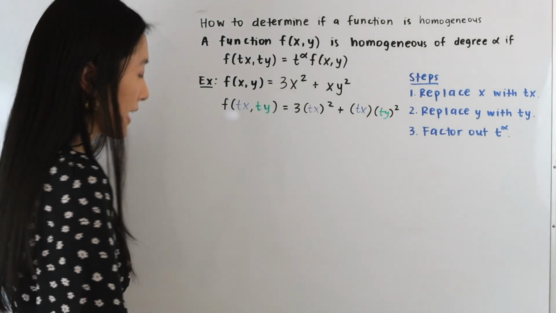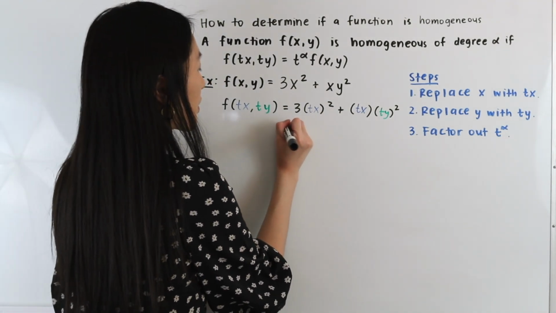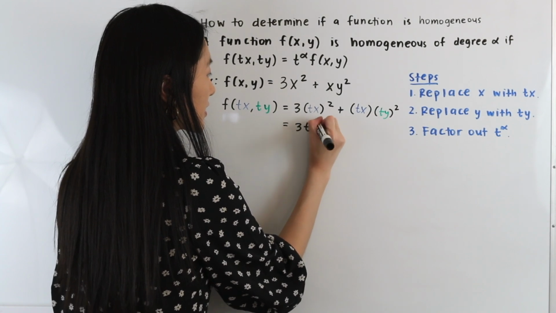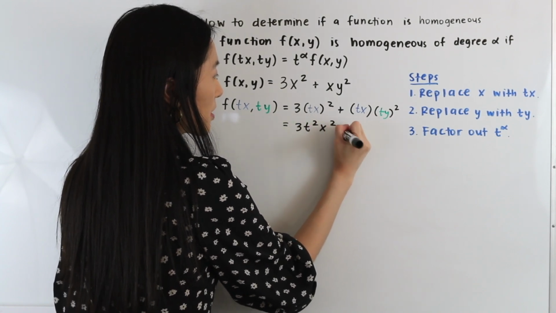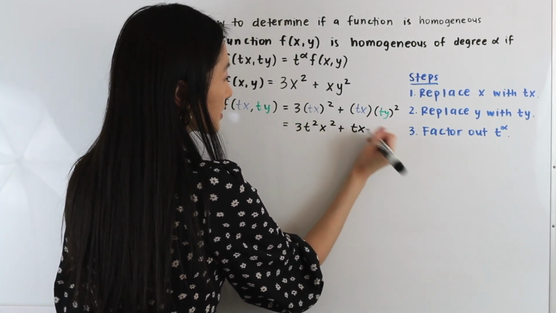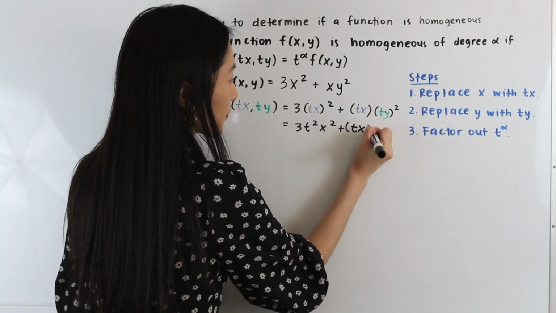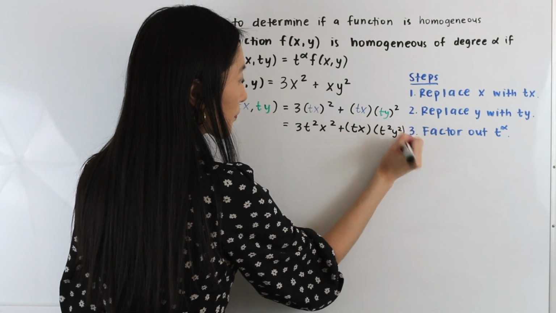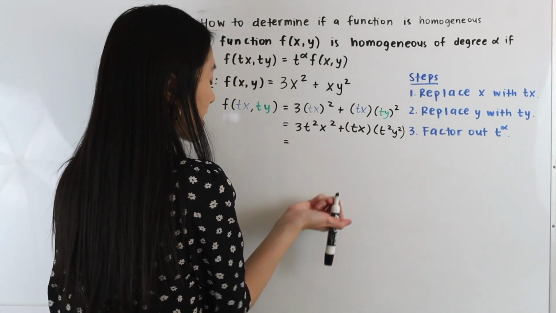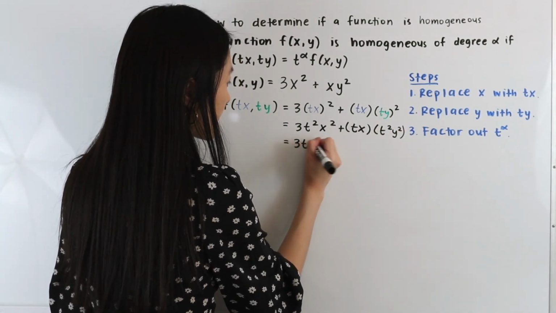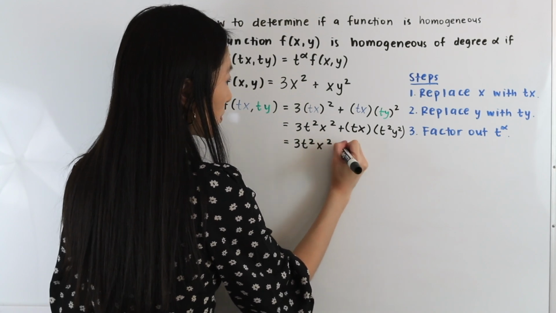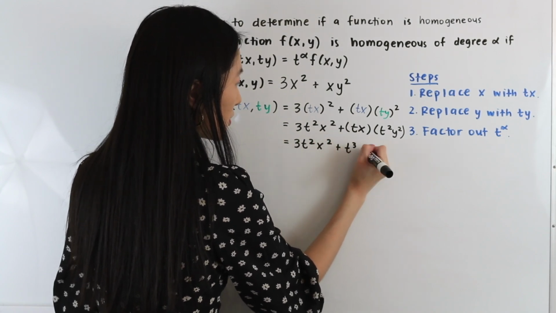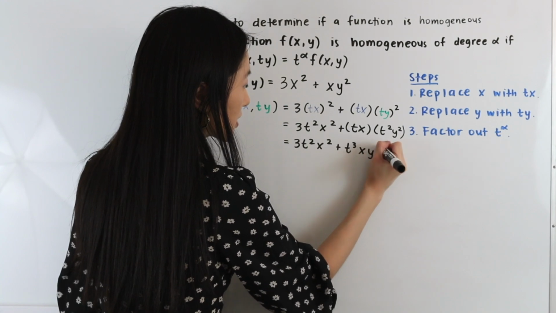Okay, and now let's go ahead and expand this. So we have 3 t squared x squared plus t x times t squared y squared. Now let's simplify this down further. So we have 3 t squared x squared plus t cubed x y squared.